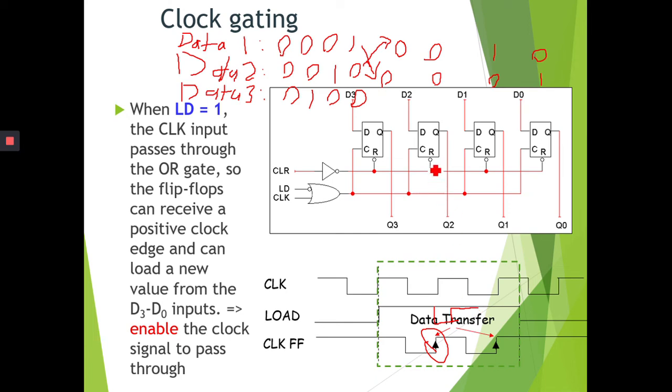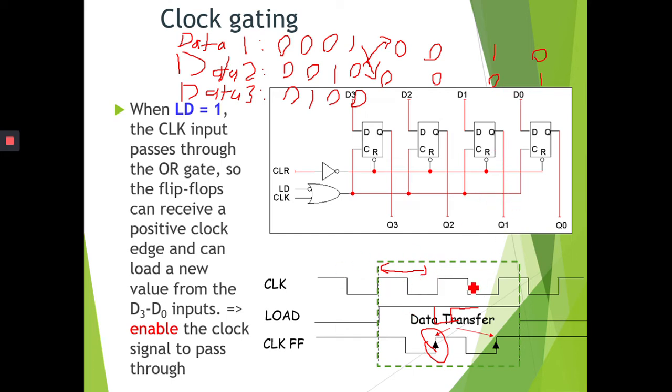The first data will be ready within this period of clock time, so the first data is successfully transferred in the first phase, within the first clock cycle.